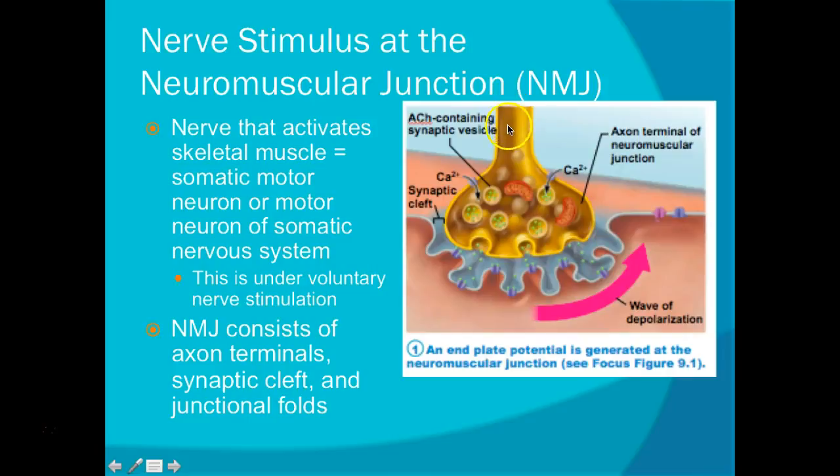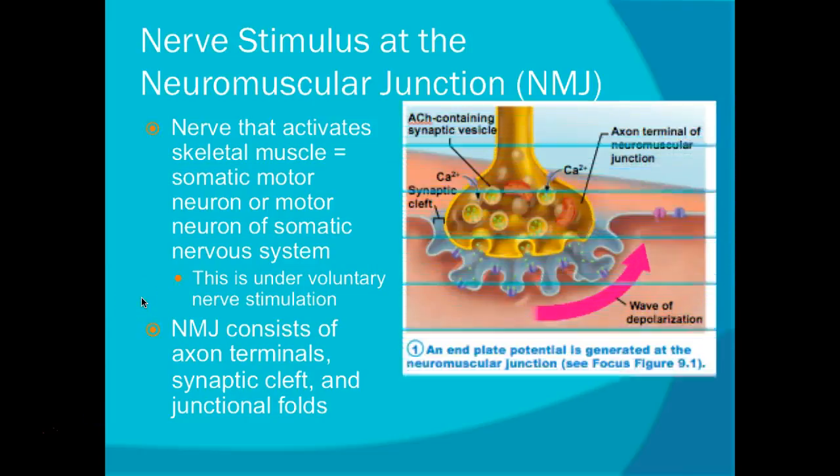Remember, action potential is the same thing as a nerve impulse, and that nerve impulse causes calcium to move into our synaptic or axon terminal. Now, when calcium moves in, it tells acetylcholine to leave the neuron through exocytosis. Acetylcholine then moves through our synaptic cleft and attaches to these acetylcholine receptors on the motor end plate. Again, the motor end plate is highly folded for more surface area for our acetylcholine receptors.